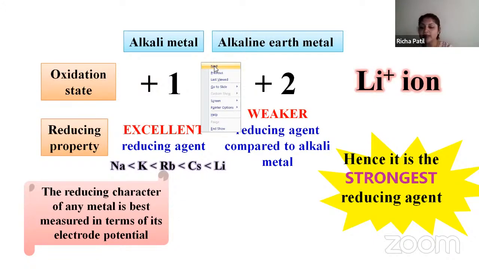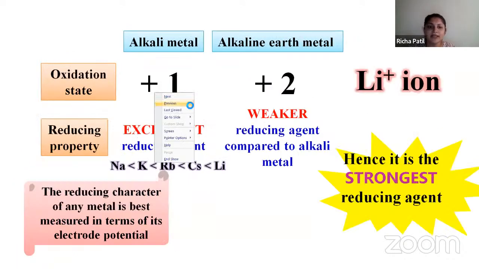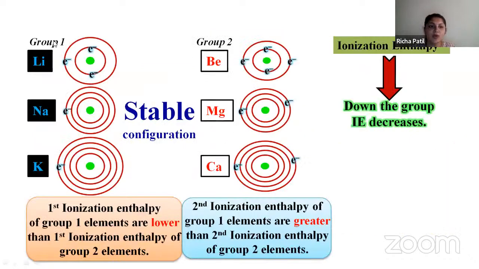With respect to lithium, as it has a small size, what will happen to hydration enthalpy? Hydration enthalpy will be more. As you go down the group, hydration enthalpy keeps on decreasing.